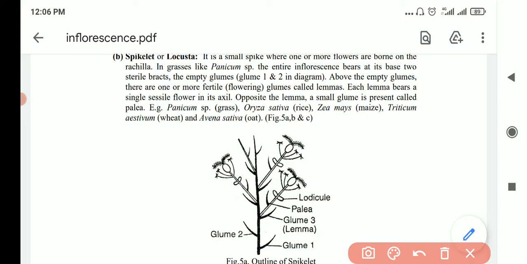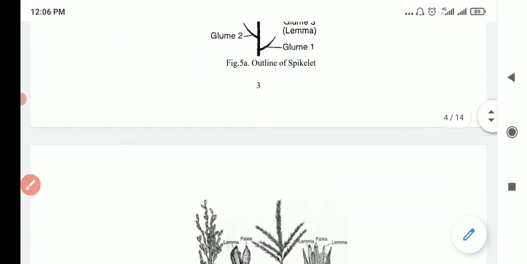It's just an alternative name for fertile glume. Then each lemma, that is your fertile glume, will bear a single sessile flower in its axil, and inside the single sessile flower we have a gynoecium and an androecium. So the example is rice, Oryza sativa, or maize, Zea mays, whichever is easiest for you. So let's see the next.